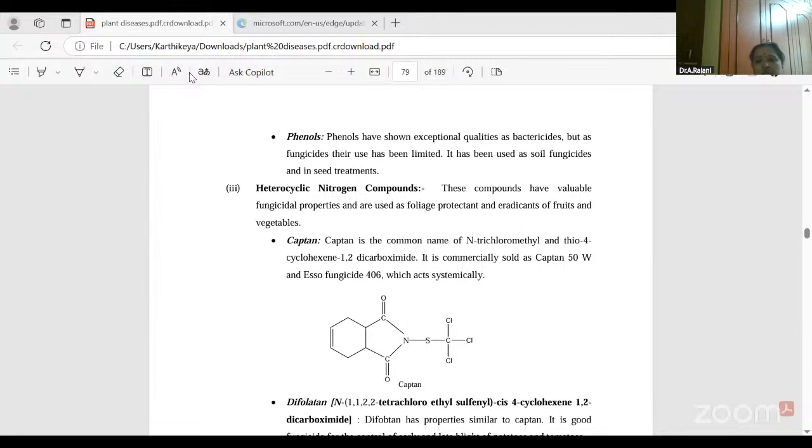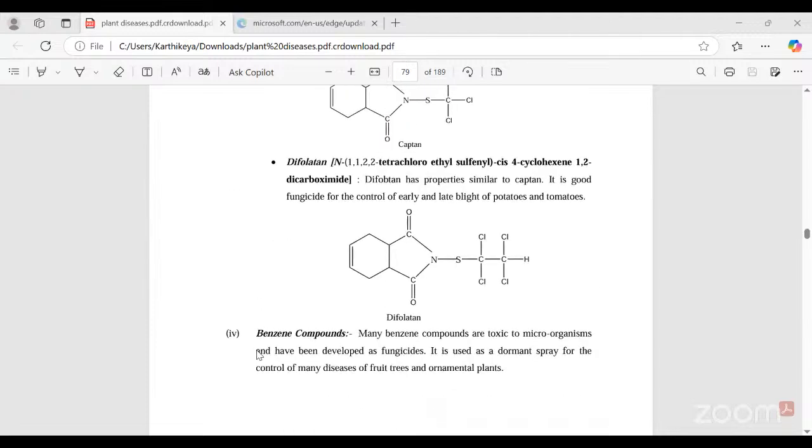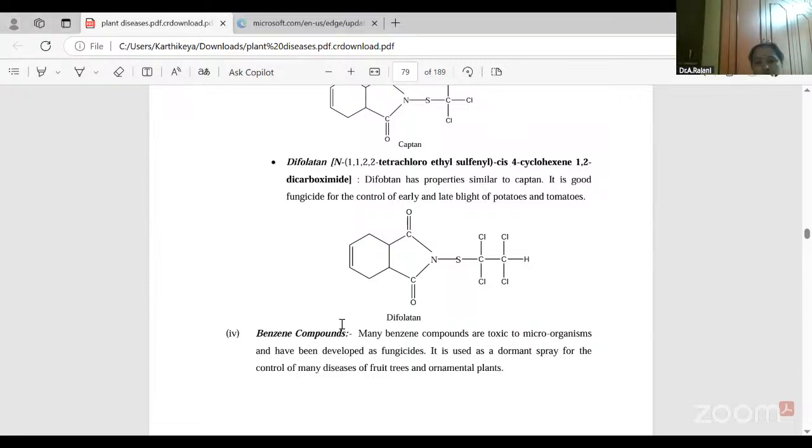Captan, the common name of N-trichloromethylthio-4-cyclohexene-1,2-dicarboximide, is commercially sold as Captan 50W, a fungicide which acts as a protectant. Difolatan, N-1,1,2,2-tetrachloroethylsulfenyl, has properties similar to Captan.